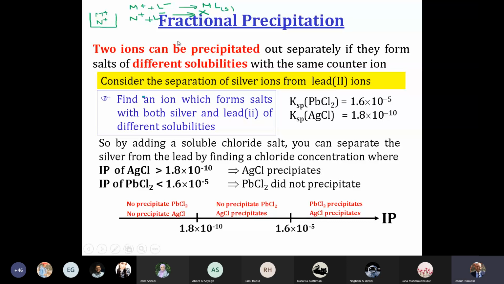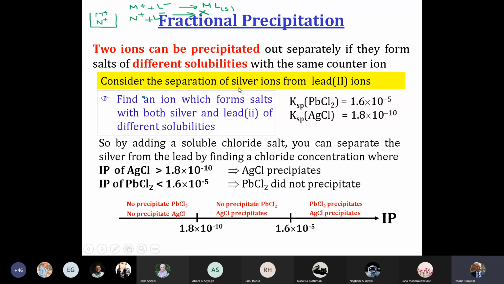So two ions can be precipitated out separately if they form salts of different solubilities with the same counter ion. Case 1, L minus precipitates M plus without precipitating N plus, so M plus can be separated from N plus. Suppose the second case, that the two ions M plus and N plus react with L minus. So what to do?